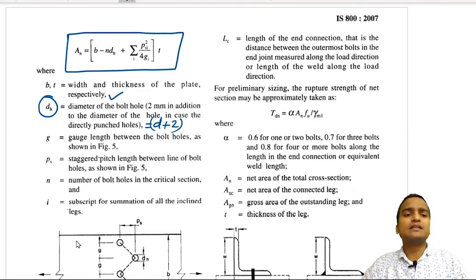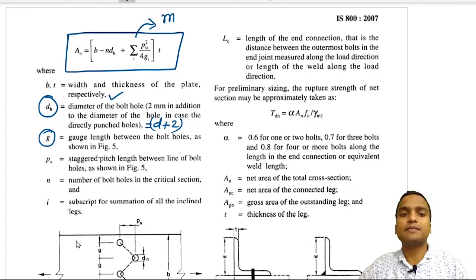G is the gauge length between the bolt holes. And if there is uniform gauge and uniform pitch, then we just write it as M into P square by 4G, when the pitch is P and G is the gauge in the uniform situation.